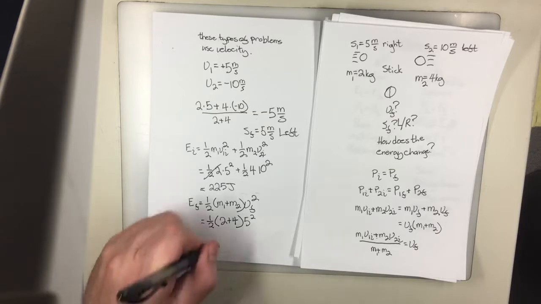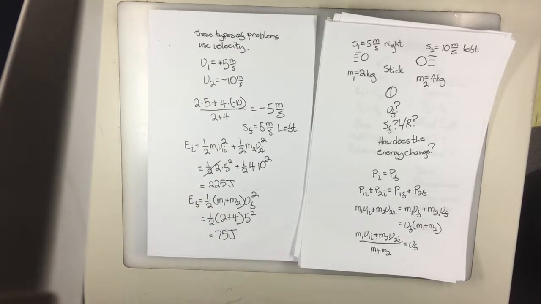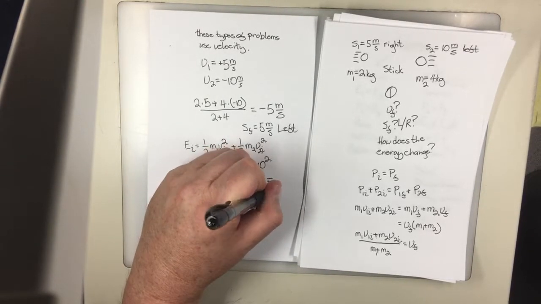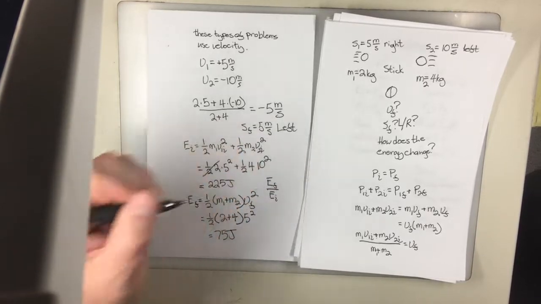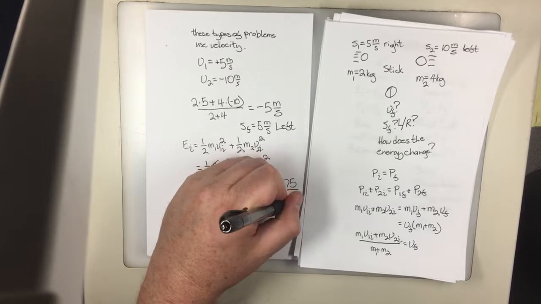So 3 times 25, or 75 joules. So you can say that energy final divided by energy initial is 75 divided by 225.